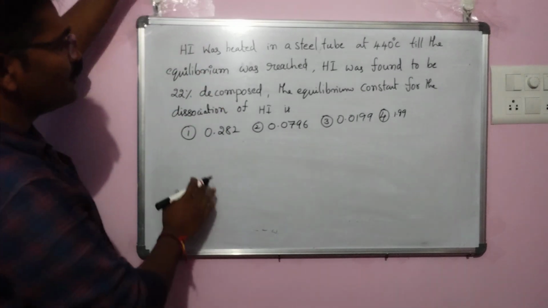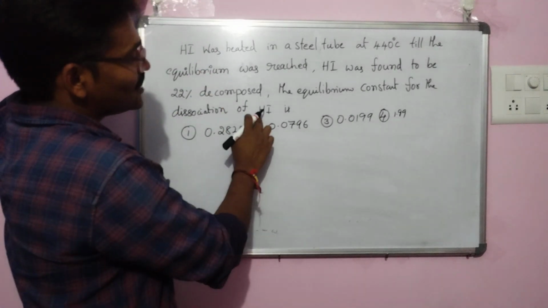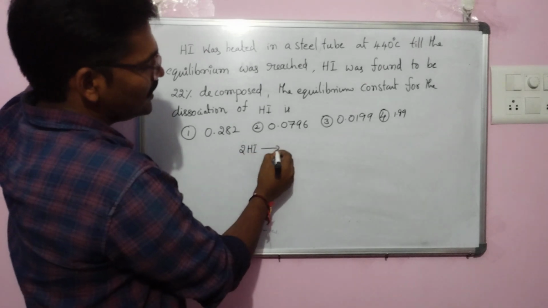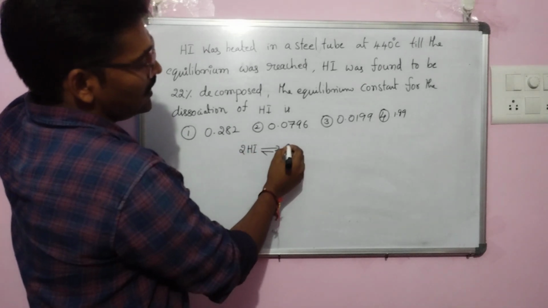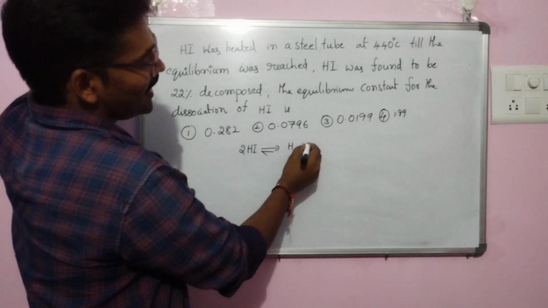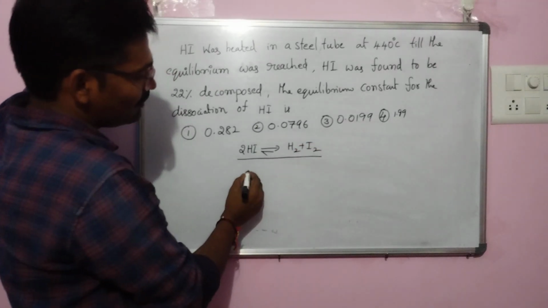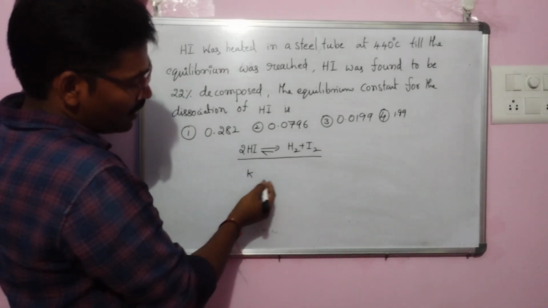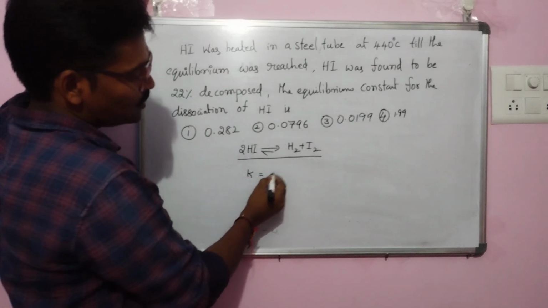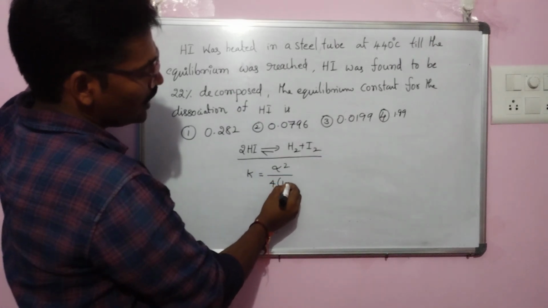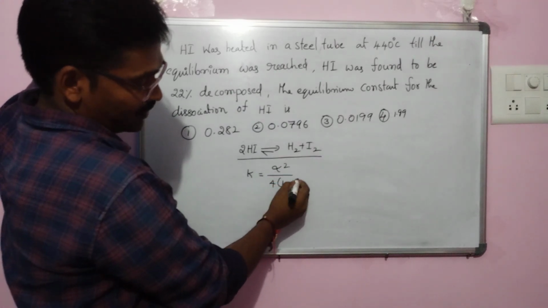As in the previous problem, for reactions like 2HI dissociating into H2 plus I2, the formula is K equals alpha square divided by 4 into (1 minus alpha) whole square.